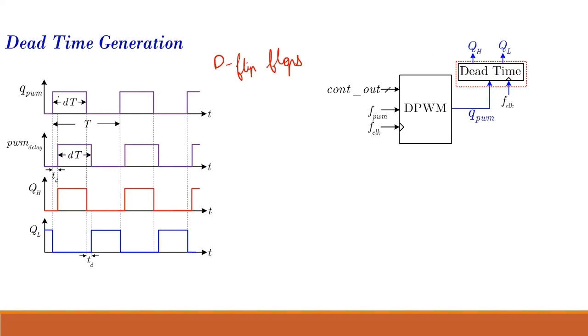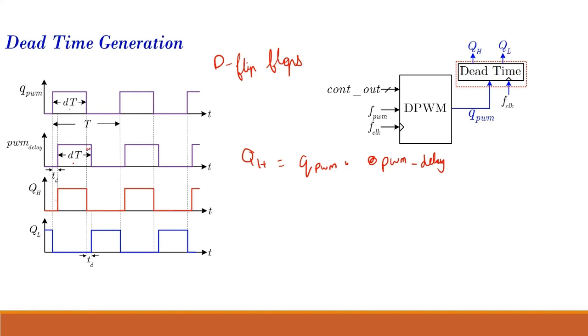Now I compare this signal with this signal. So I AND those signals. So QH will be QPWM AND PWM_delay. When I AND it, this is 0 over here. During this dead time, it is 0, so this will also be 0. Here both are on, so it will be 1.